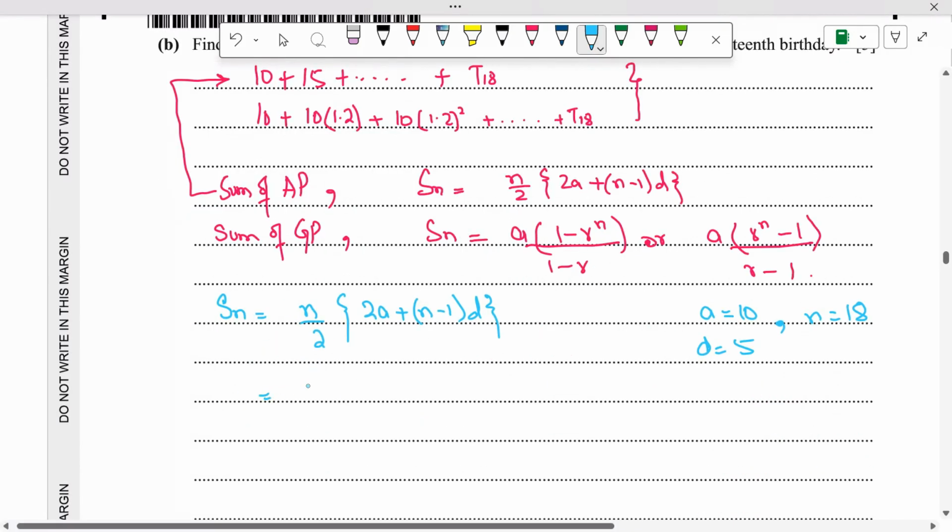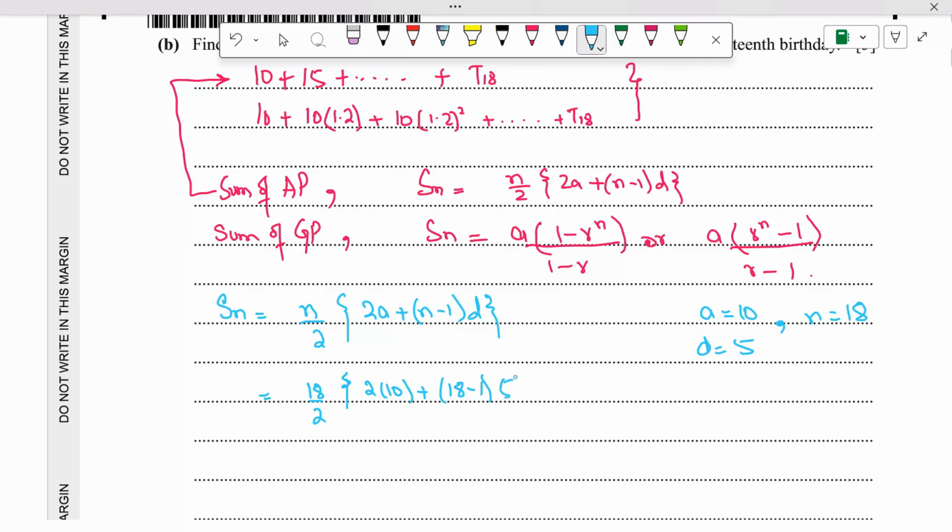Further solving, we will have 18 over 2 times 2 times 10 plus 18 minus 1 times 5, and this is equal to 9 in brackets 20 plus 17 times 5. Solving this, we will have $945. So Anaya received $945 from her father up to 18 years.